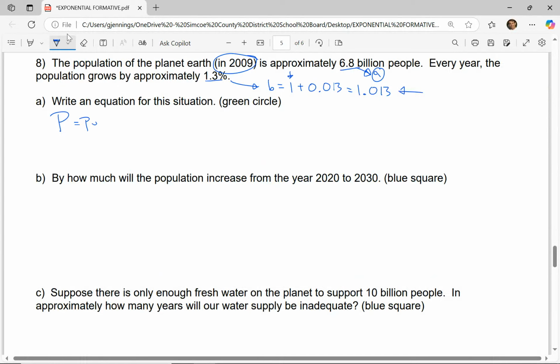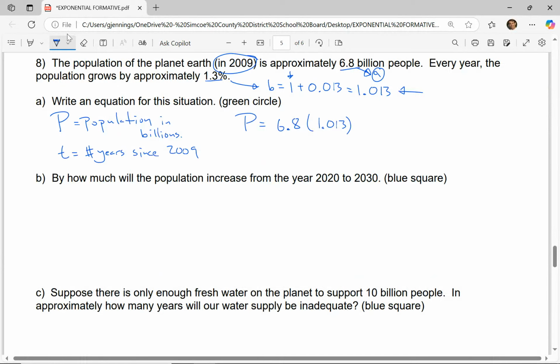So we have P is equal to 6.8. This is population in billions, please. Population is 6.8 multiplied by 1.013 raised to the power t time.